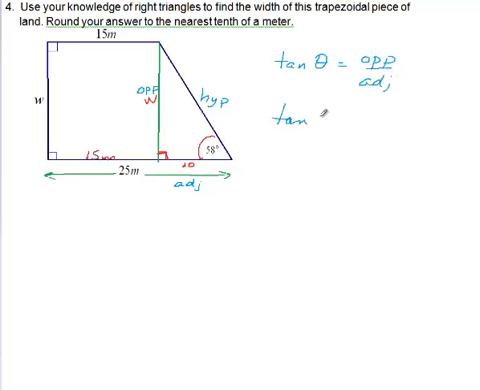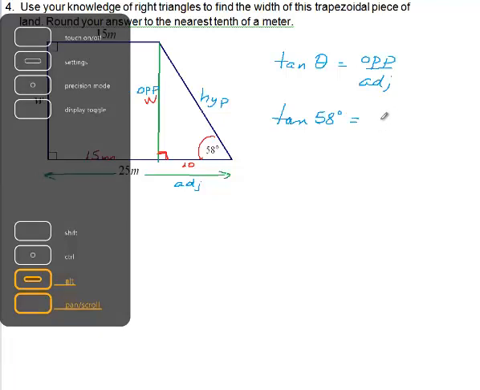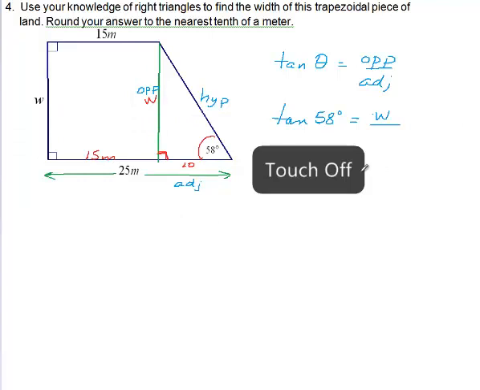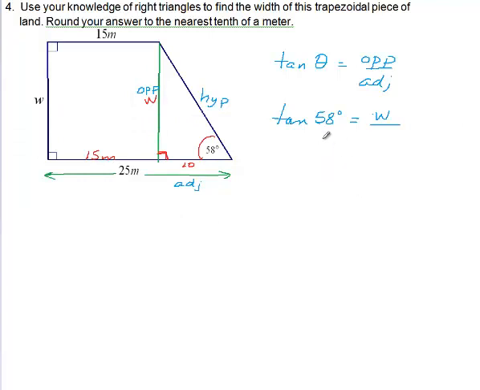So the tan of 58 degrees is W divided by the adjacent side, which is 10. Now when I cross multiply, this is understood to be over 1. It's a simple W equals 10 times the tan of 58 degrees.